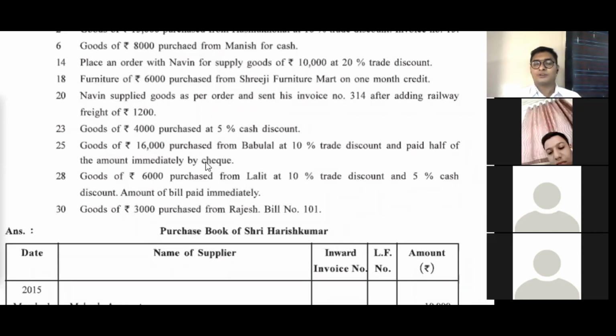So half is a cash transaction, half is a credit transaction. We are assuming that the full transaction is a credit transaction, and we record it as a credit transaction over here.